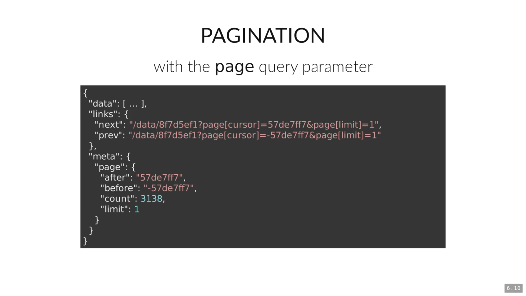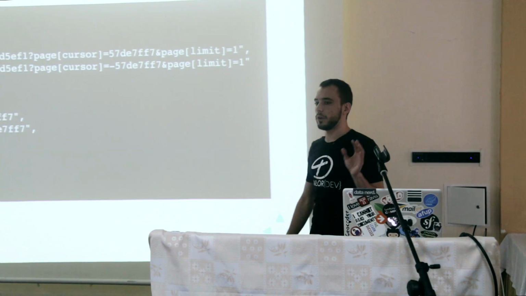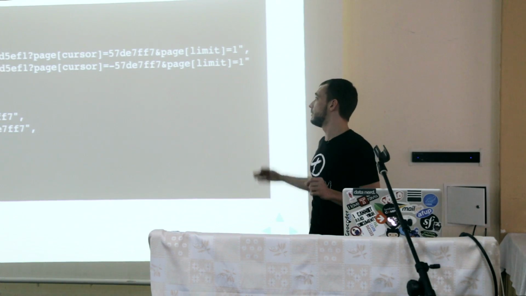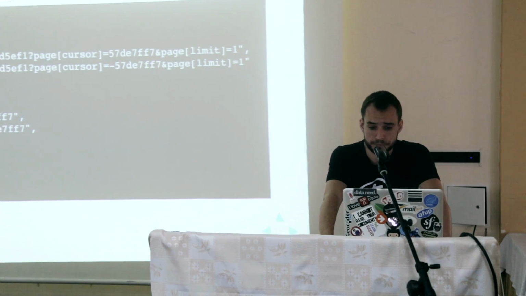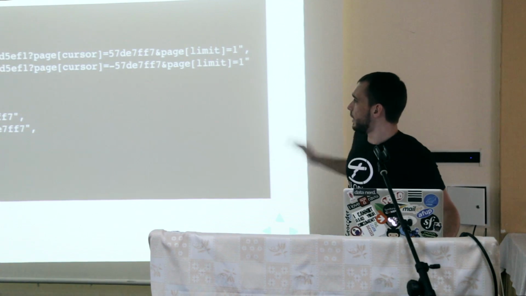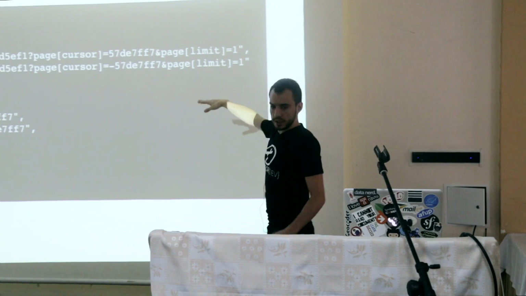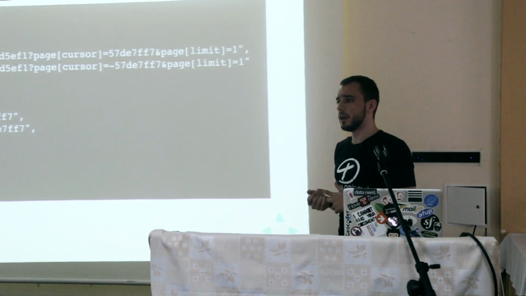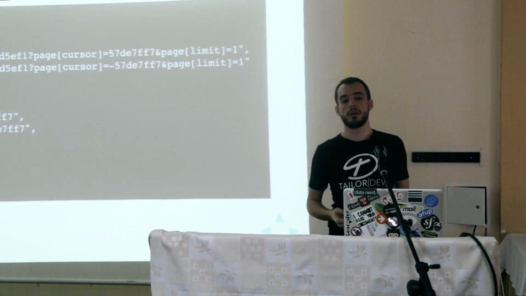Then you get pagination, and it's the same. Like, use the page query parameter, but then do whatever you want behind the scenes. And in this case, I decided to go for cursor-based pagination. And this helped me introduce the meta object. So before we had data, we had links, and we can also have meta. And meta is for every optional or additional information.